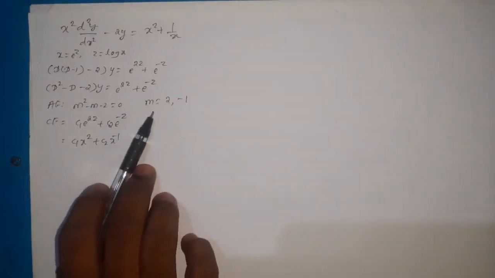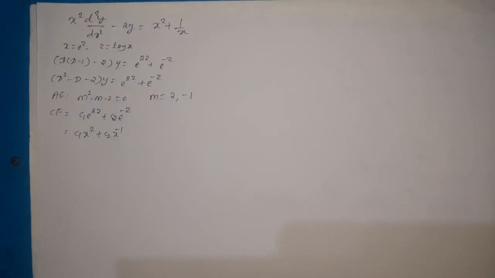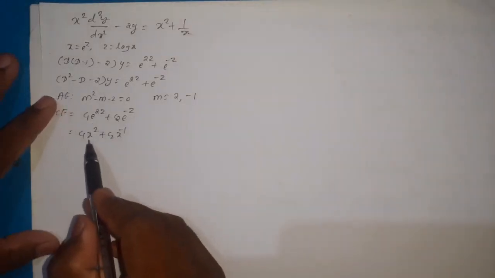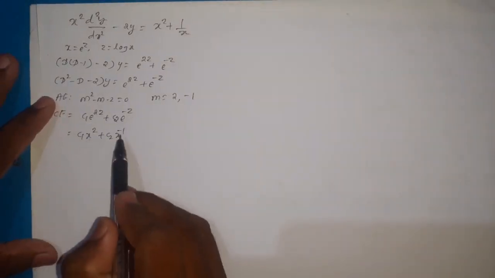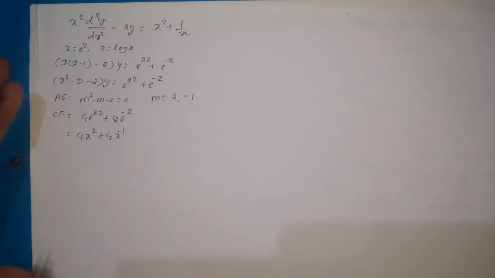So the auxiliary equation is m square minus m minus 2 equal to 0, roots are 2 and minus 1. Therefore the complementary function is c1 e power 2z plus c2 e power minus z. So e power z equal to x, so that becomes c1 x square plus c2 x power minus 1. This is the required complementary function.